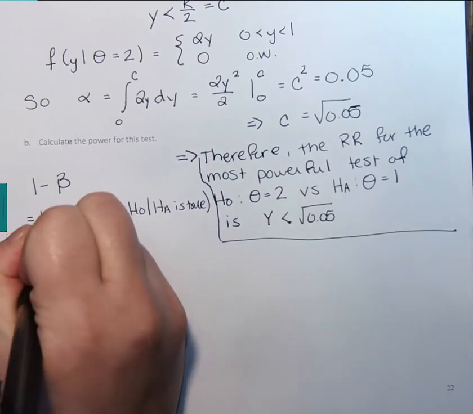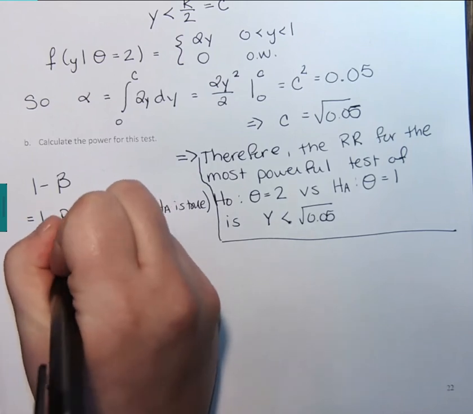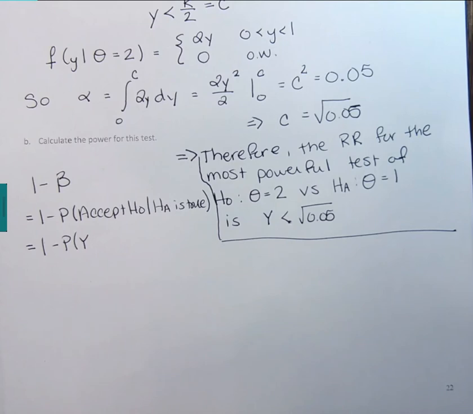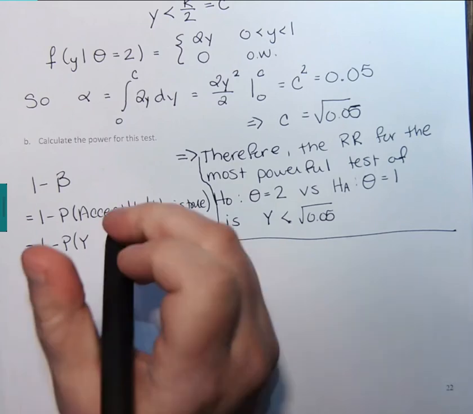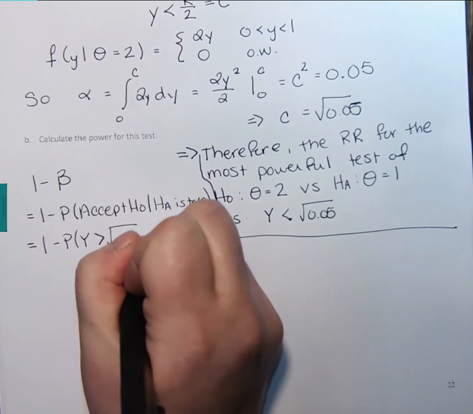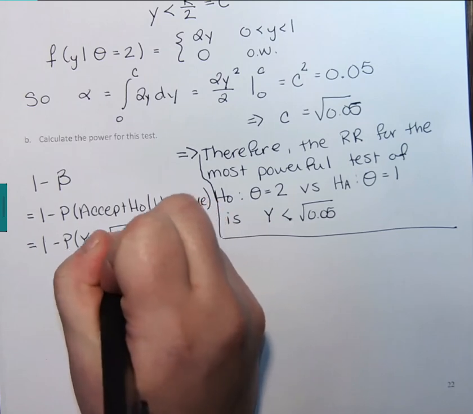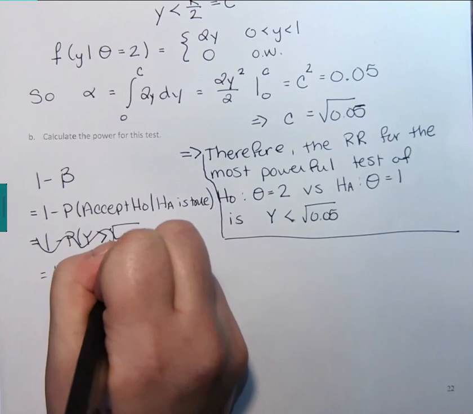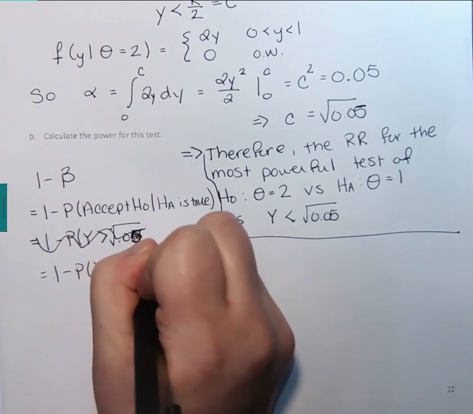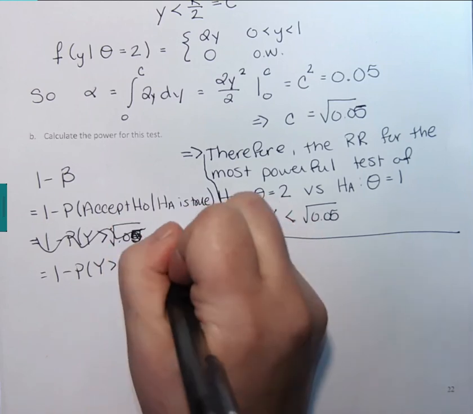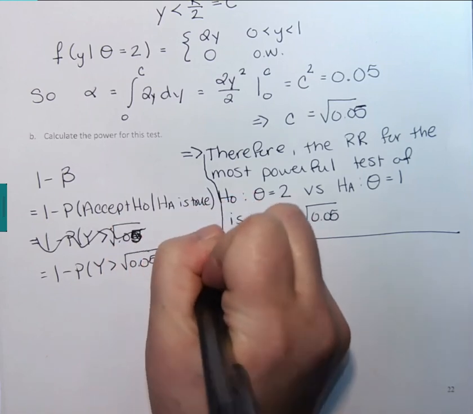Well, notice that's going to be equal to 1 minus the probability that y, and again, remember the reason I've got y here is that for our example we're looking at a single observation, is greater than the square root of 0.05. Oops. Let me rewrite that line. Given that theta is equal to 1.